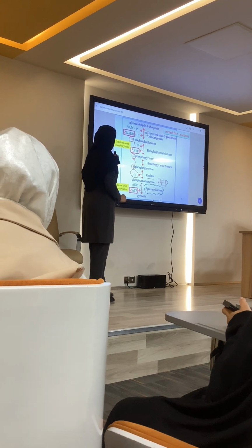Maybe I want to review some sample questions. How many NADH are produced during the second 5 stage? 2 NADH. Please pay attention. It's better to put this one. All of these are 2.